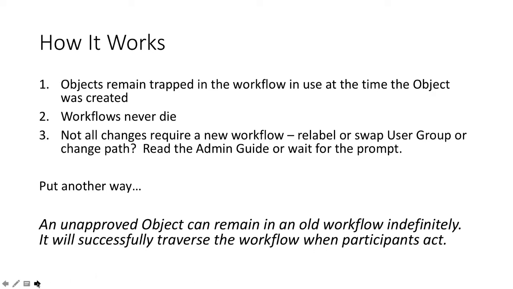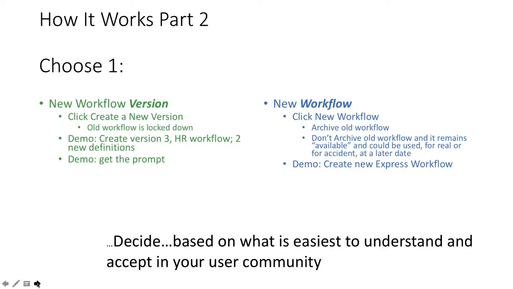Okay, so with that groundwork laid, let's talk about the two ways that you can work with this. The green style is that you can actually version the workflow itself.